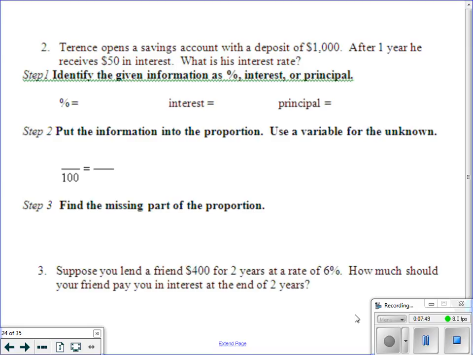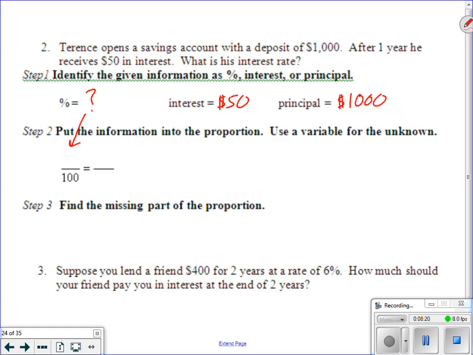Now our next example, it says Terrence opens a savings account with a deposit of $1,000. After 1 year, he receives $50 in interest. What is his interest rate? Okay, so this time we do not know what the interest rate is, but we do know that he received $50 in interest, and he deposited $1,000, so that is our principal.